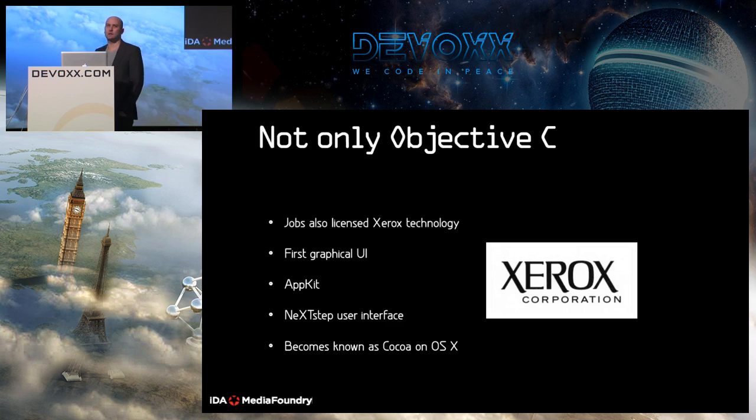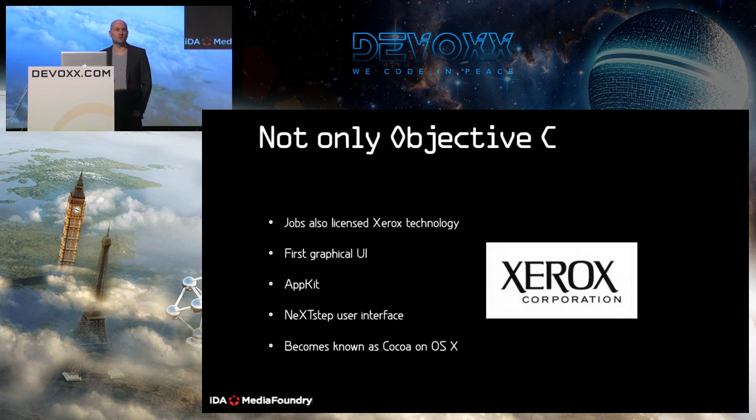We know that Apple has always been keen on doing things graphically. So Steve Jobs also went looking at Xerox, the copier company, which actually had a very nice user interface. So he licensed that as well. Too bad for Xerox, but Steve Jobs really made this happen, really made this beautiful.